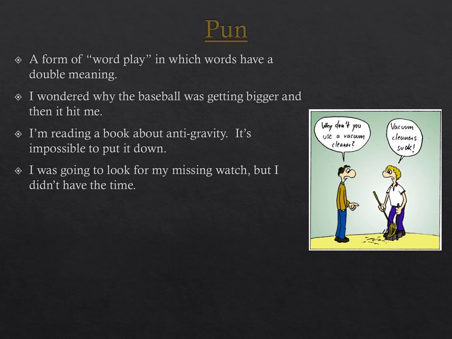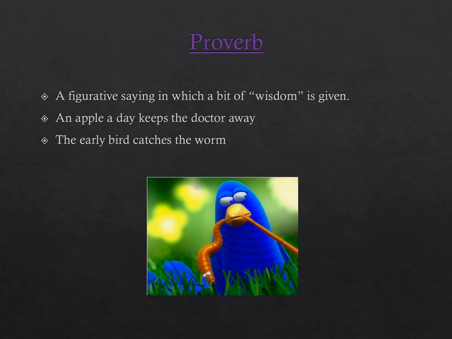I was going to look for my missing watch, but I didn't have time. So these are play of words. Then let's have proverb. A proverb is a figurative saying in which a bit of wisdom is given. Examples are: an apple a day keeps the doctor away, the early bird catches the worm. So these are proverbs.